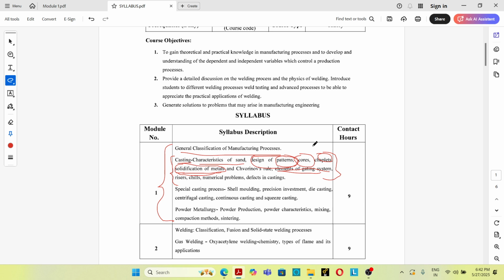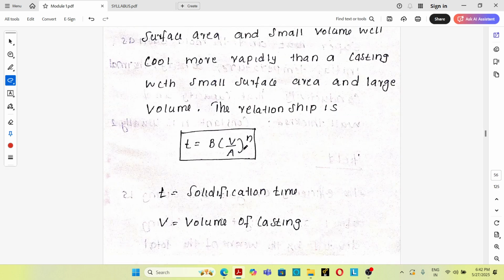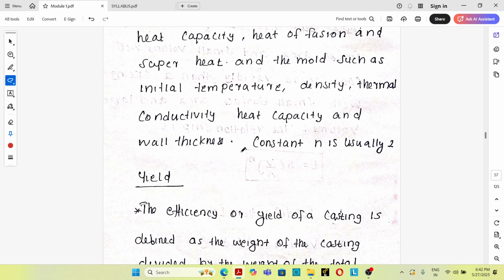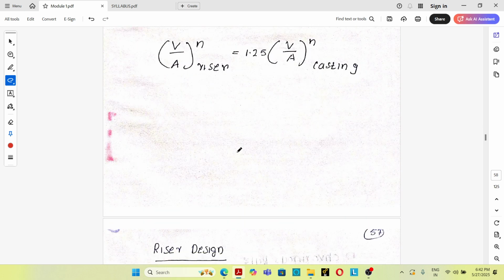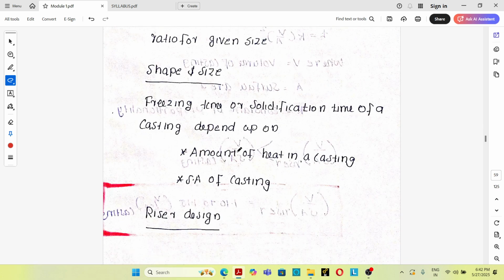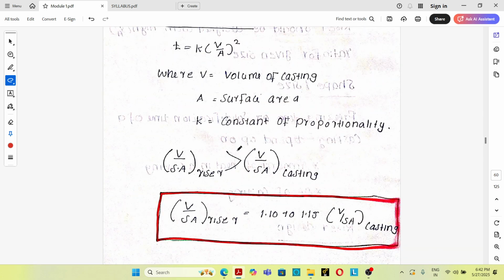Okay. So after that you have Chvorinov's rule. This is very important and there will be problems related to Chvorinov's rule. Chvorinov's rule is used to determine the time required for solidification of a casting. There is some equation related to that, and there will be some problems.